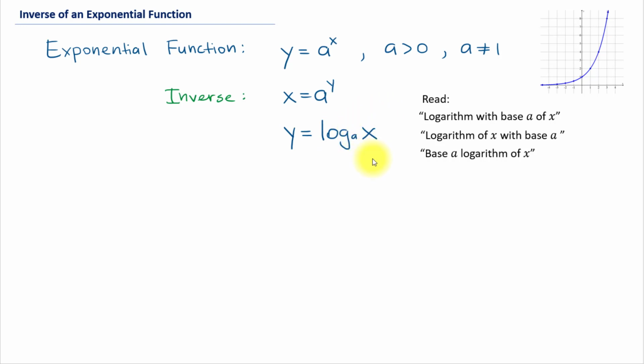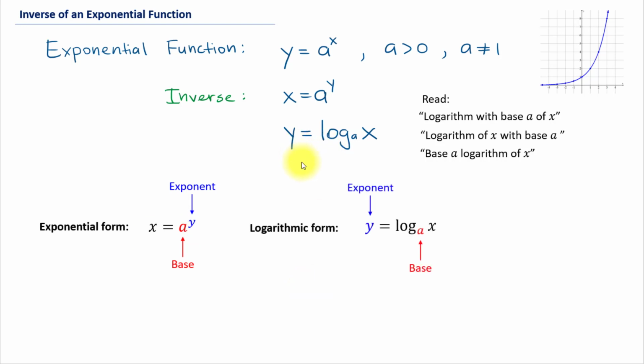What's important to note here is that the roles of variables x, y, and number a are the same as here in this exponential form. In the exponential form, a represents the base and it's a real positive number. Y represents the exponent. And x is the result of taking the base and raising it to the power y.